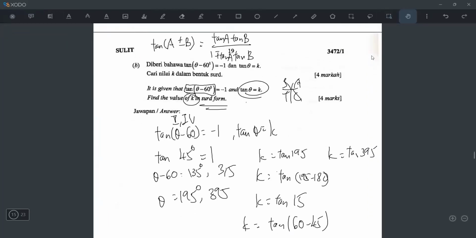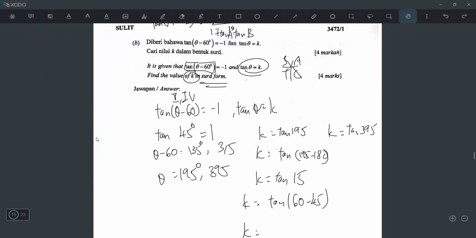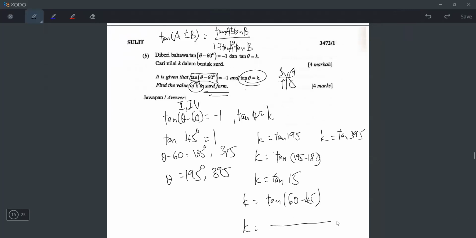Actually I missed out here, there's a plus minus here. So now my A would be 60, right? Okay, let's make it smaller. So now my A is 60, my B is 45. So it will be tangent 60 plus minus tangent 45 over 1 minus plus tangent 60 tangent 45.